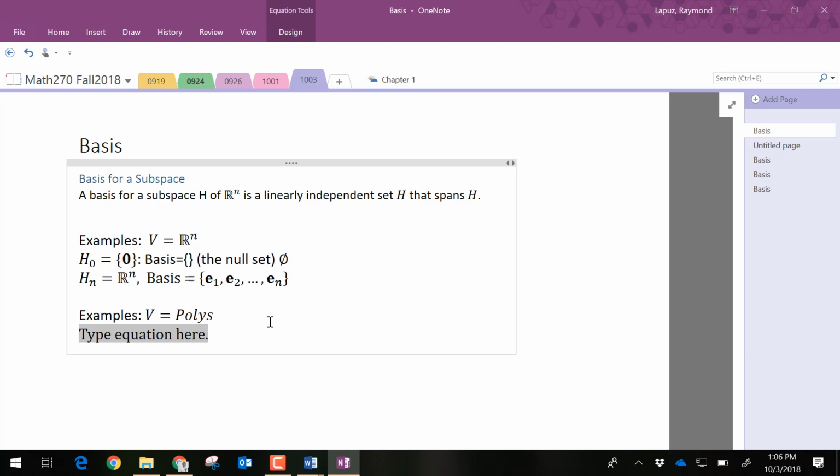Well, let's take a look at the whole set, the whole subspace. Let's say H equals the whole vector space. Let's call it V for the whole vector space. All polynomials.